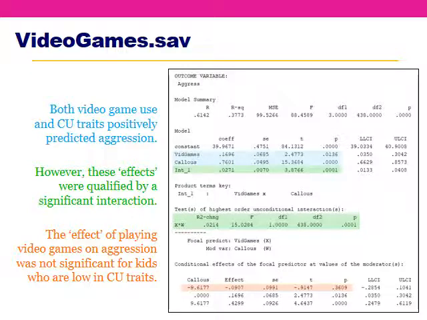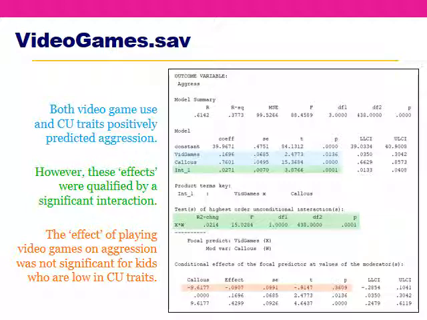Here we have a row for people who scored low in those traits. We also have a row for people who were average and high in those traits. But we see that for people who were low in callous unemotional traits, this relationship was not significant. So playing violent video games was not related to aggression if a person is low in this particular personality trait.